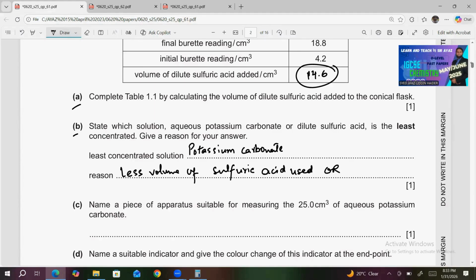You can even write larger volume of potassium carbonate used.